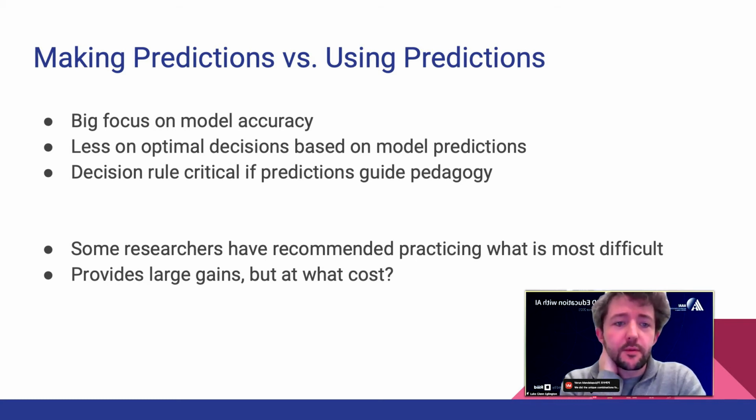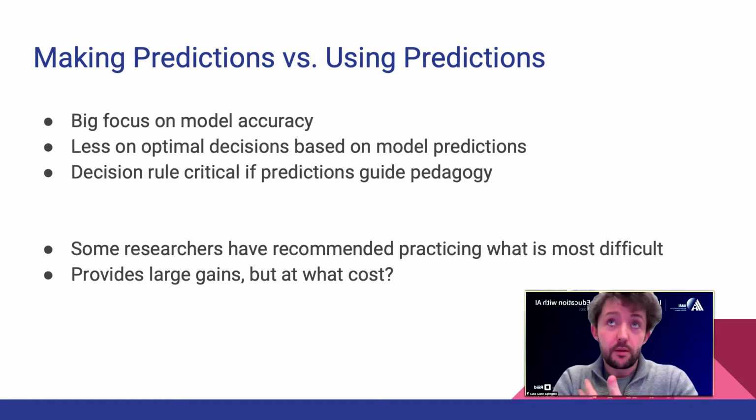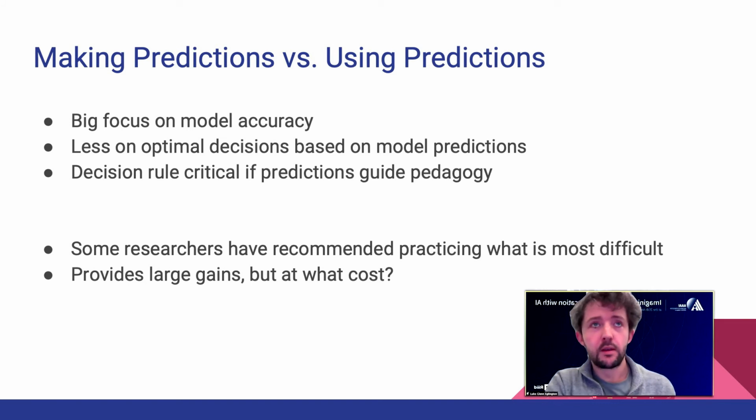But there's considerably less research generally on what to do with those predictions. So for example, a decision rule. If you've got 100 different items to practice, and some of them are well learned, some aren't, and you have a model that's making those predictions for you, the decision rule is just which item should be practiced next based on the information we have from this model.